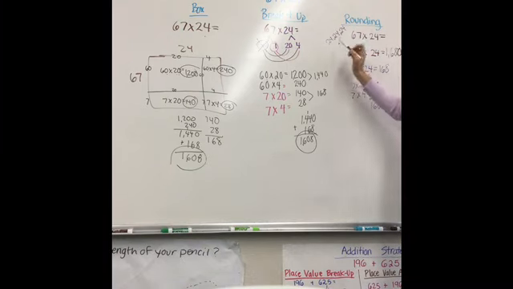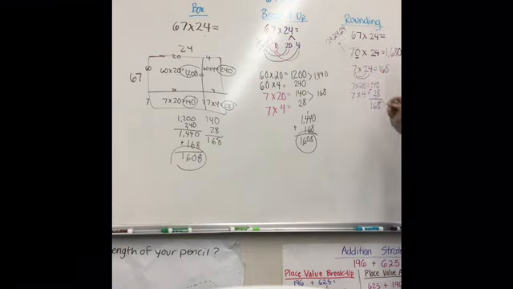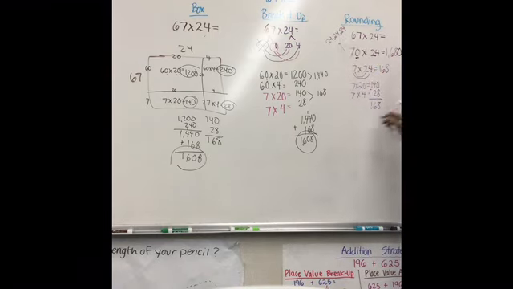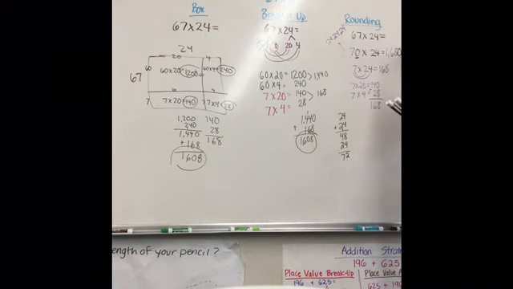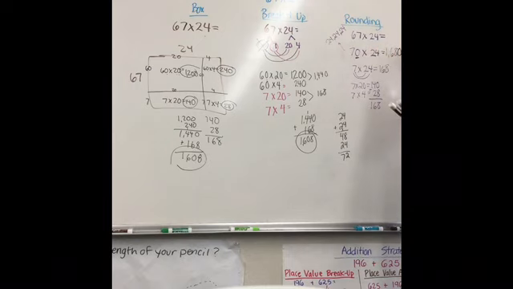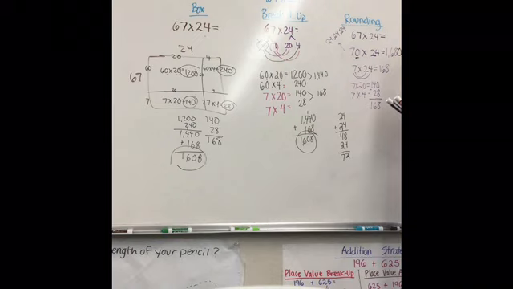But remember, I added 3 more 24s than I needed. So 24 plus 24 is 48, plus 24 is 72. So this number, I'm going to take away the 24, the 24, and another 24.